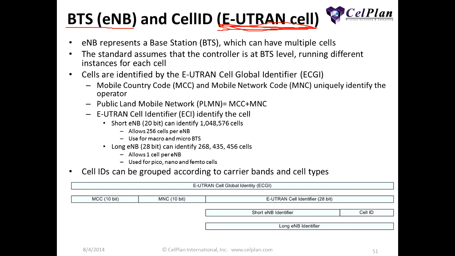Now, a cell is what should be properly called an E-UTRAN cell. What creates the confusion is that 3GPP considers that all the processing will not be done at cell level, but at the BTS level, at the ENB level.